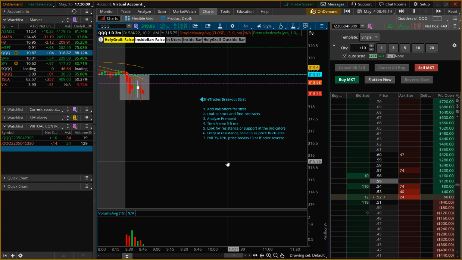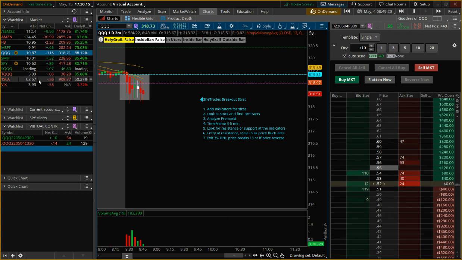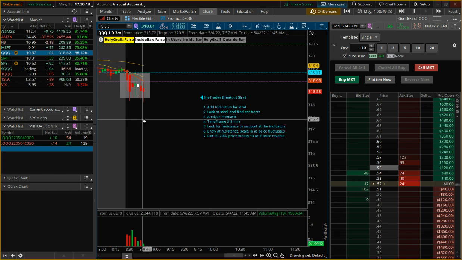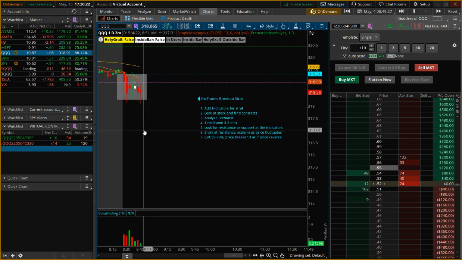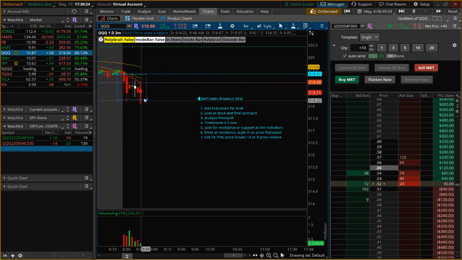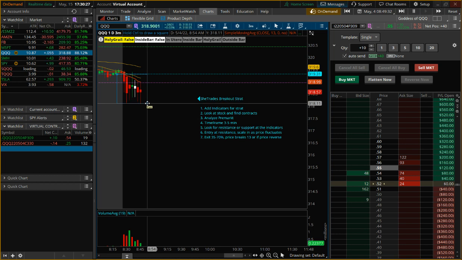Let's see if we can get one more green candle. The market's getting a little strength, not a lot. We have support right here.